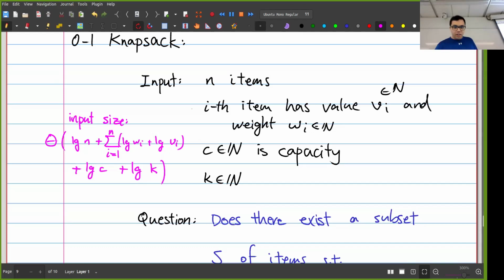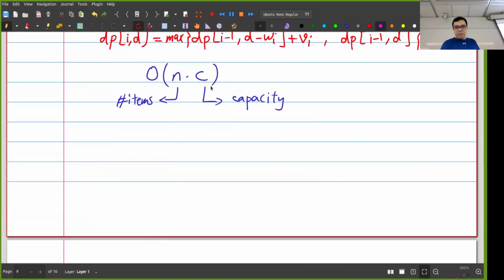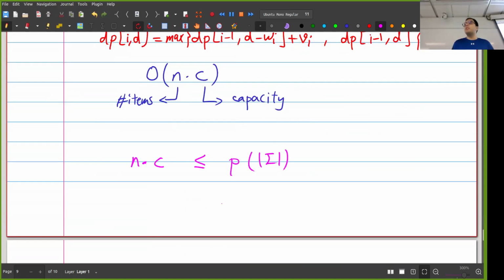Let's call it just size of the input. Is this bounded by some polynomial in the size of the input? Is this n times C less than or equal to some polynomial of the input size? And the answer is no. And I can easily create instances that show this is not the case.